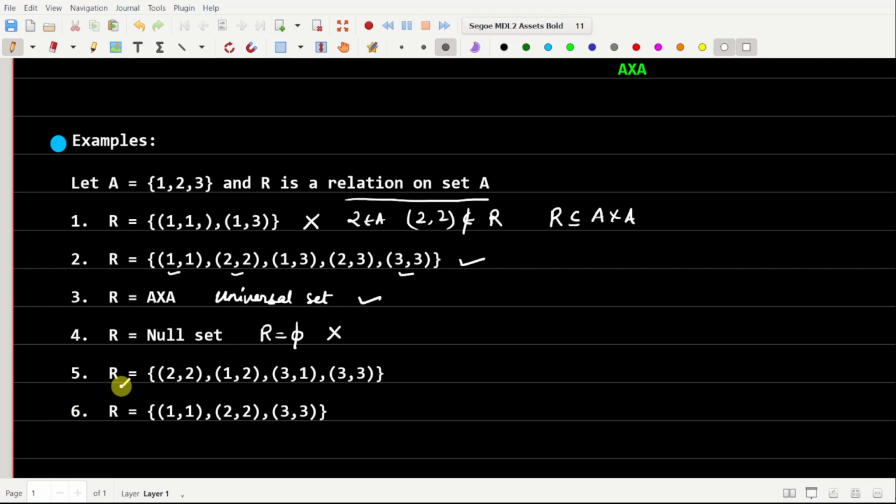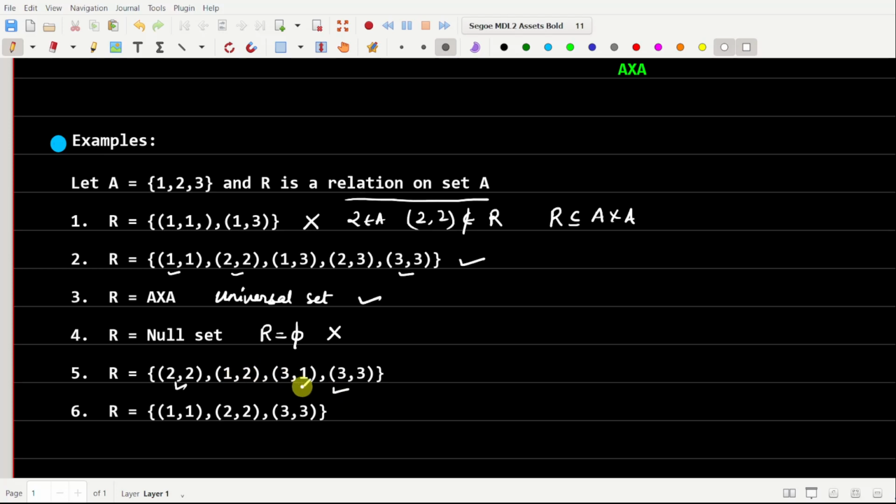Now we will come to this fifth example. This relation is given, so because A is 1, 2, 3, (1, 1), (2, 2) and (3, 3) should be present in the reflexive relation. So (2, 2) is there. We will search for (1, 1) and (3, 3). (3, 3) is there, but (1, 1) is not here.